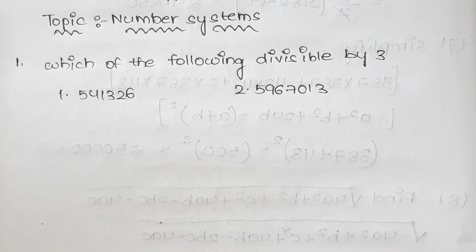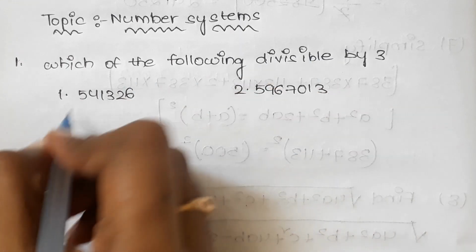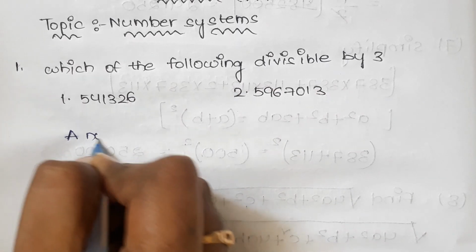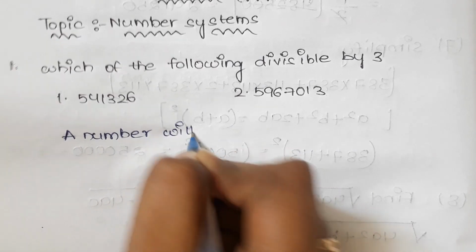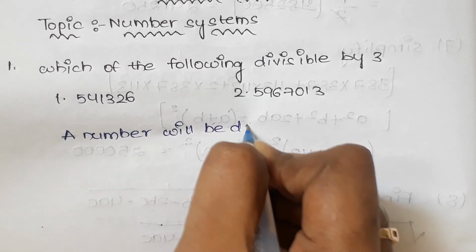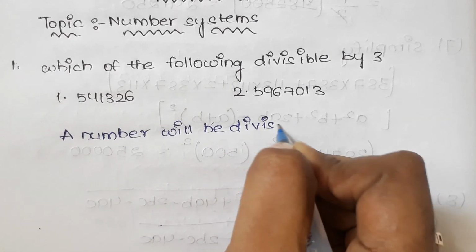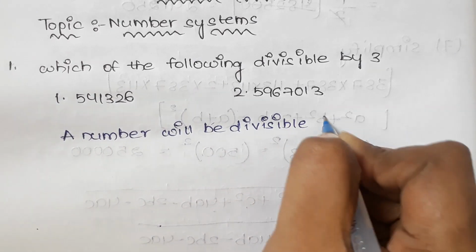As we already know, the divisibility rule of 3 is: a number will be divisible by 3 when the sum of all the digits is divisible by 3.